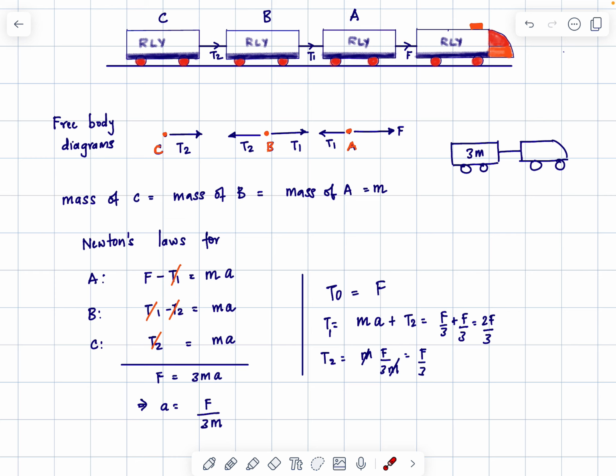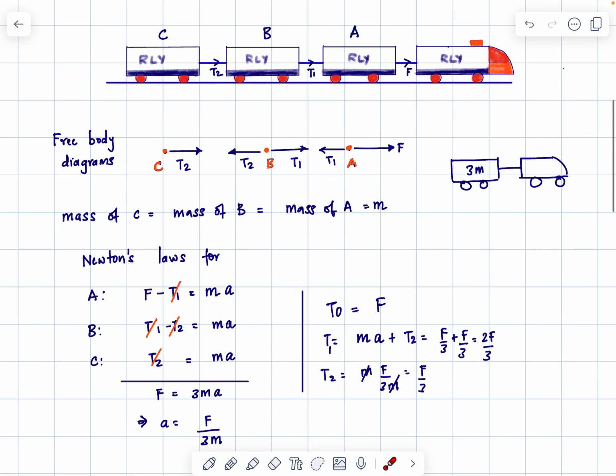Essentially, the chain that goes between the first car behind the engine and the engine itself needs to be the strongest.